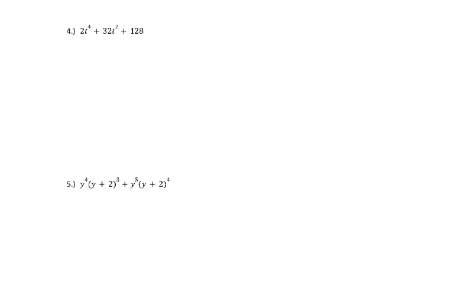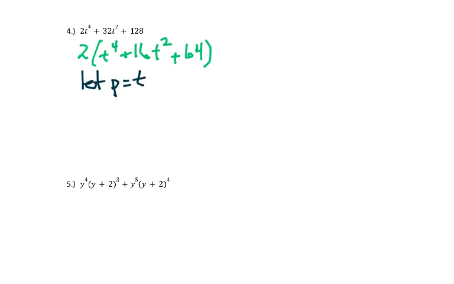So for problem 4, did you first try to factor out 2? And you'll be left with t to the fourth plus 16t squared plus 64. Now we need to factor this trinomial. Hopefully you recognize it as a form of a quadratic, but we're going to go ahead and let p equal t squared.